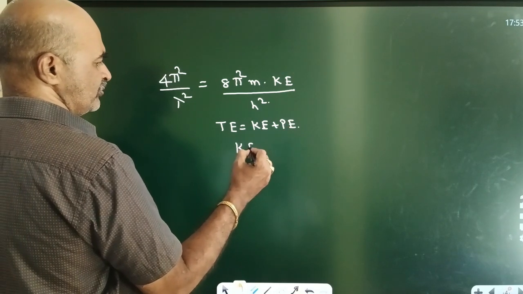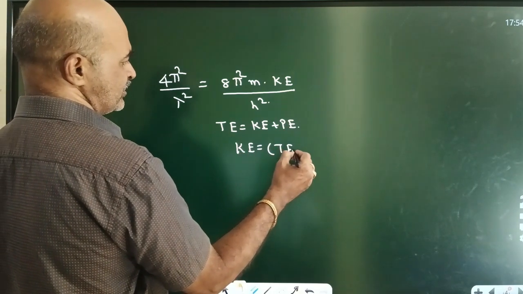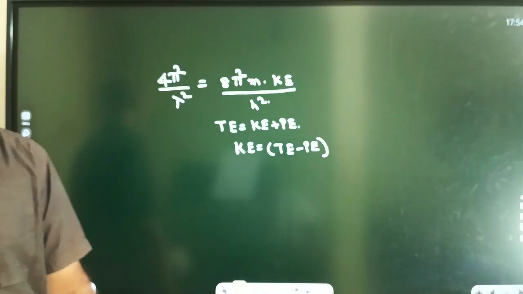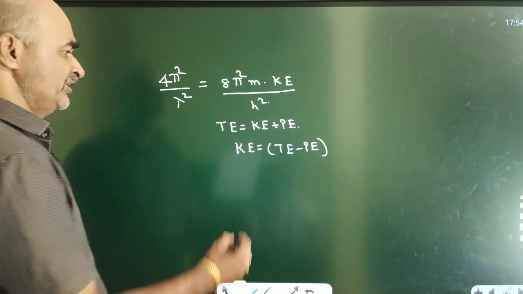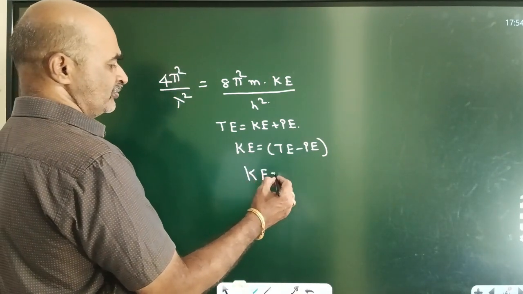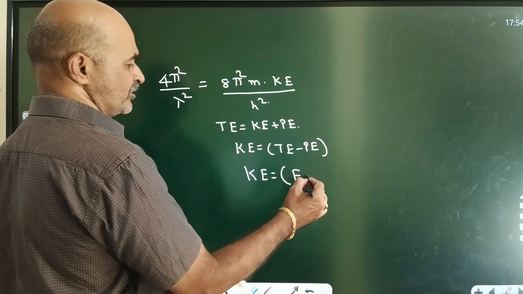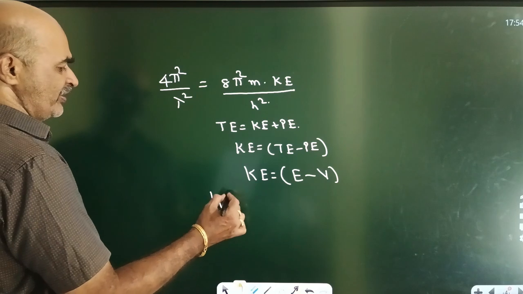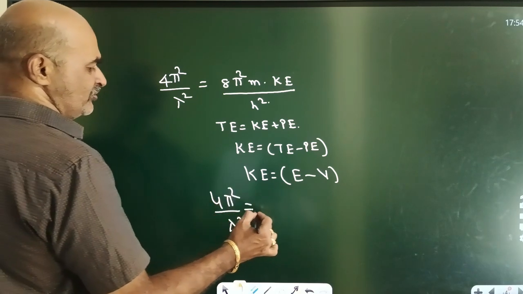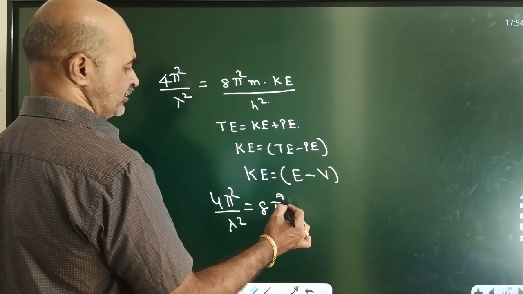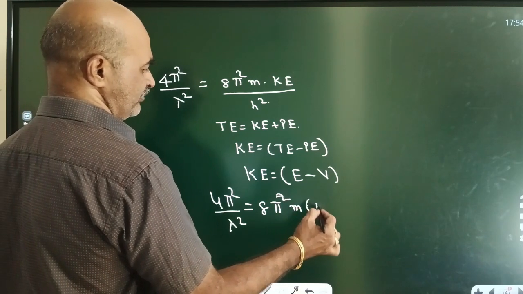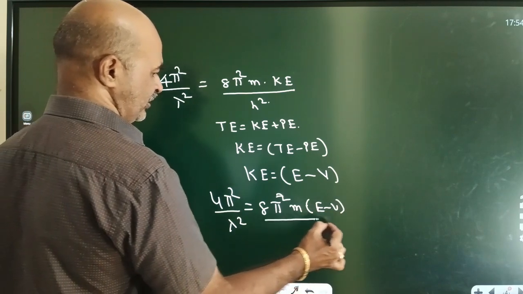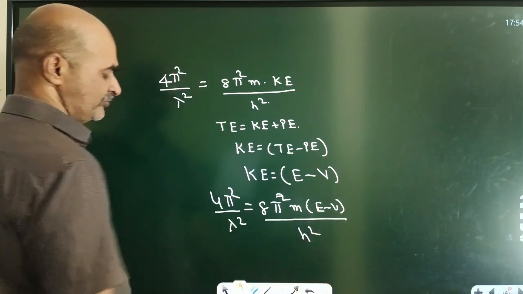Therefore, kinetic energy is equal to total energy E minus potential energy V. Therefore, 4 pi square divided by lambda square is equal to 8 pi square m (E minus V) divided by h square.